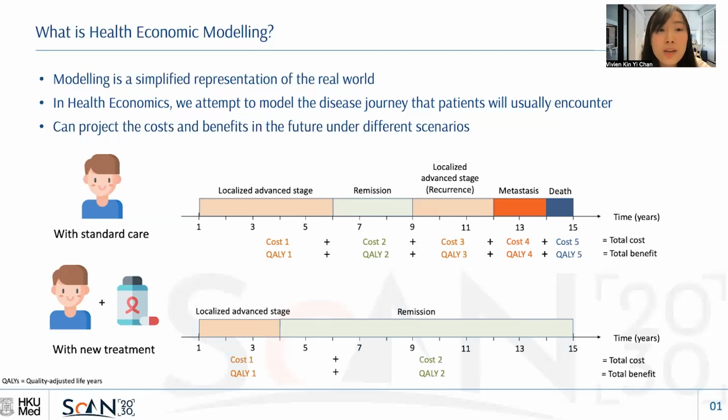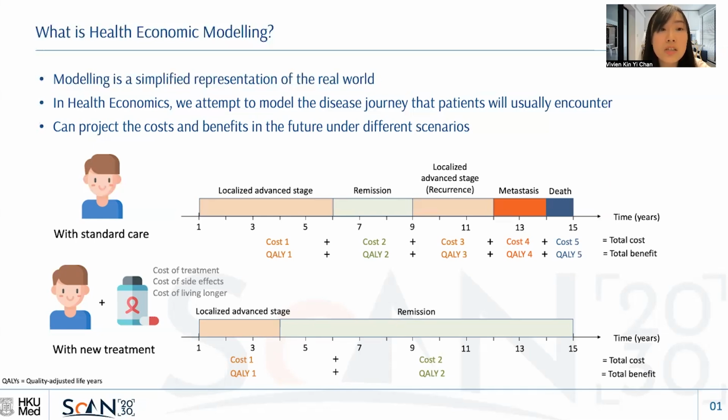But can we conclude right away that this new treatment is more cost-effective than the old scenario? Actually, the answer is no, because although the patient outcome seems better, we also need to pay for the cost of treatment and the cost of the side effects from the treatment.